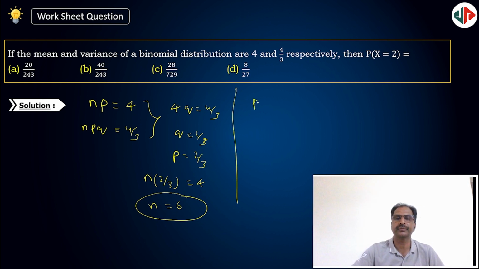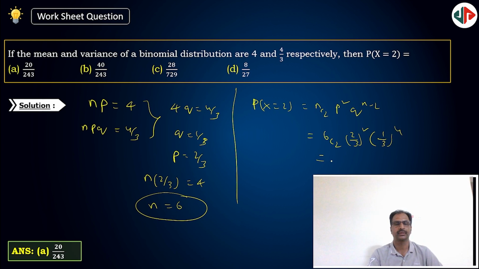Now you have to find P of x is equal to 2. nC2, p power 2, q power n minus 2. n is 6, 6C2, 2 by 3 whole square, 1 by 3 whole power. Simplify that, we will get option A.